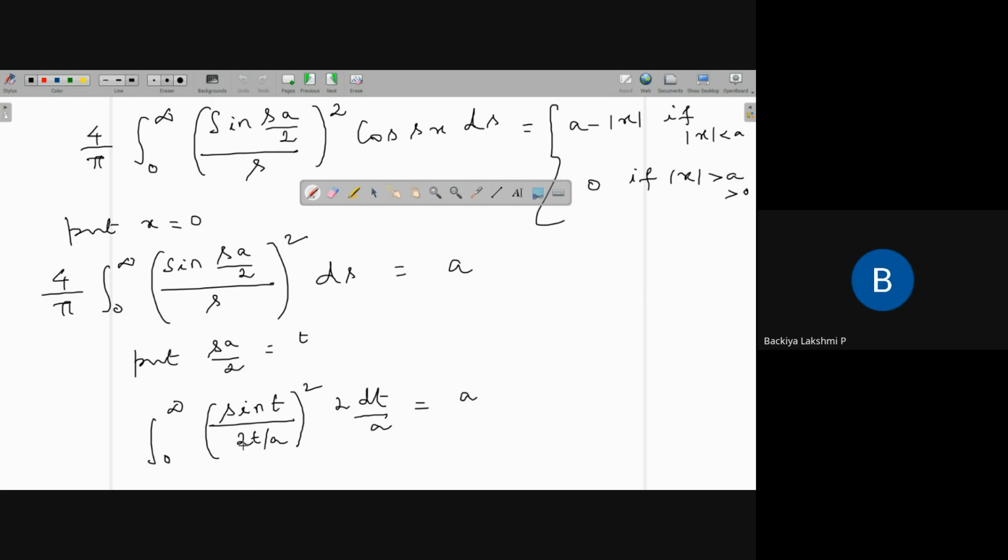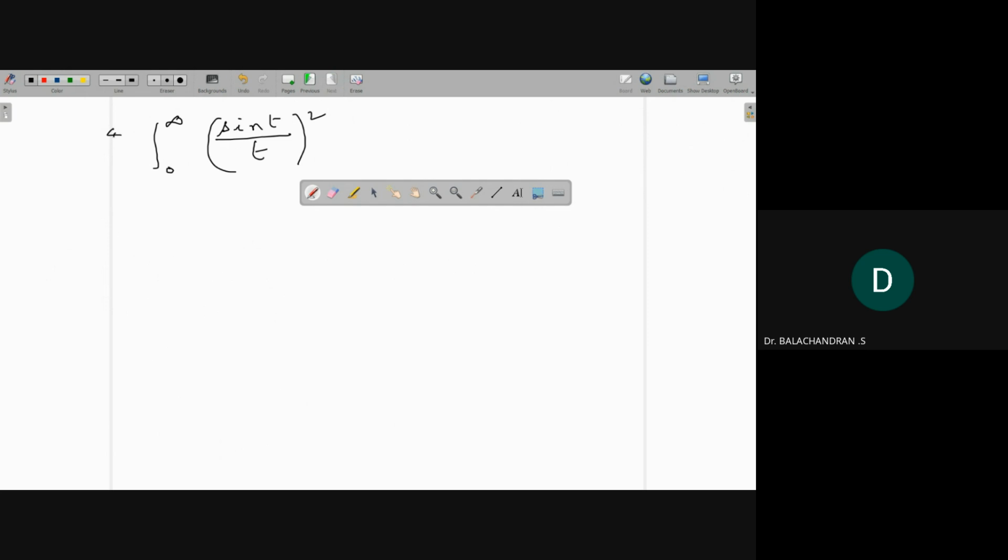Yes. Any mistake, ma? 4 by pi in the previous line, sir. Okay, thank you. 4 by pi was misspelled; it is 4 by pi. In the next step, I should write this 4 by pi here also.